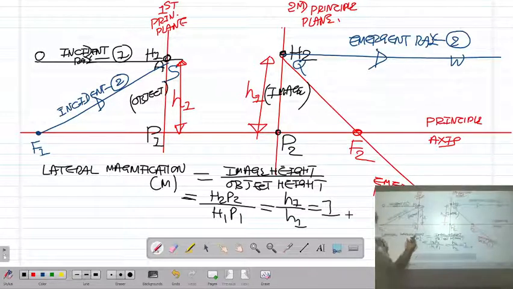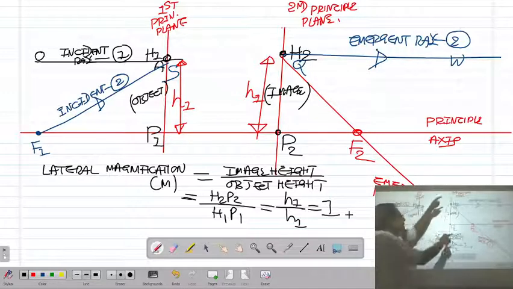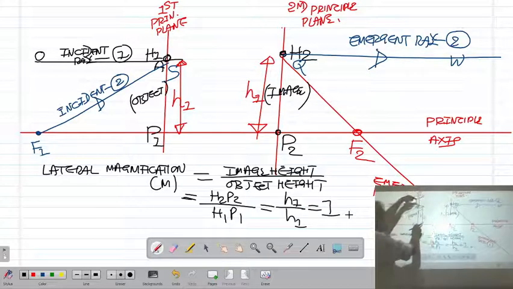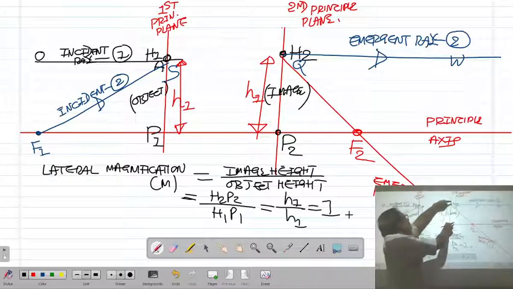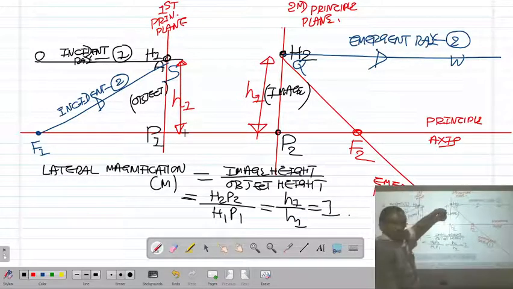Lateral magnification of the principal planes is defined as the height of the image, which is h2 p2. If you consider h1 p1 as the object, whose height is h1, then h2 p2 is the image of object h1 p1, and its height is also h1.